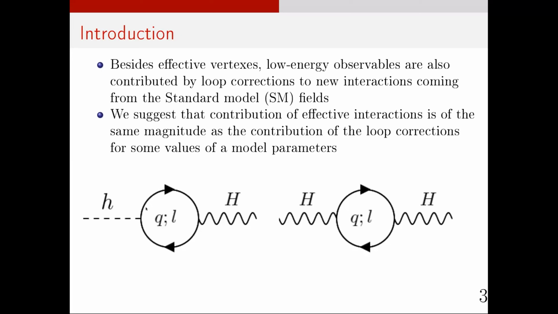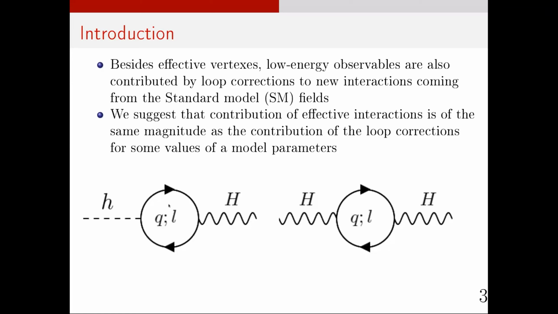For example, suppose that we have a model where the standard model is extended with, for example, a heavy scalar field. So we have, for example, a two Higgs doublet model extended with several heavy scalars, and this model also has one standard model Higgs boson.